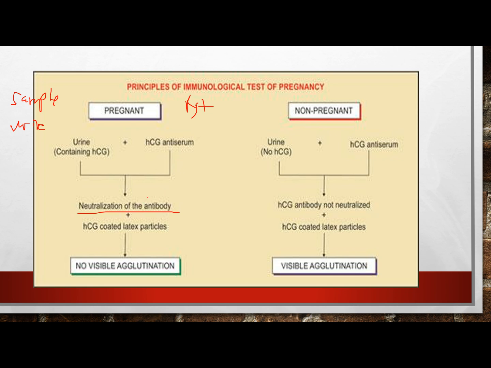Sir, why is there a neutralization? Remember, your HCG antiserum would bind to the HCG because they are attracted to one another. HCG antiserum is a reagent that would bind HCG, leading to the neutralization of your antibody.